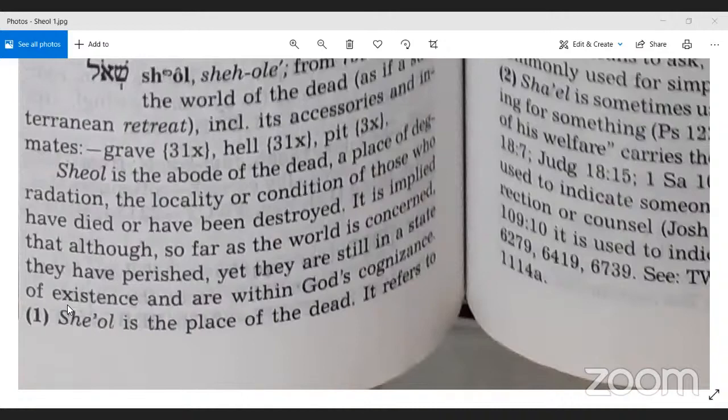Regardless of, you know, I get this Sheol, hell, place of existence, abode of the dead, but regardless of where it is, the consciousness that we speak of always has been and always will be. Therefore, that's why I say that we live forever, consciously.